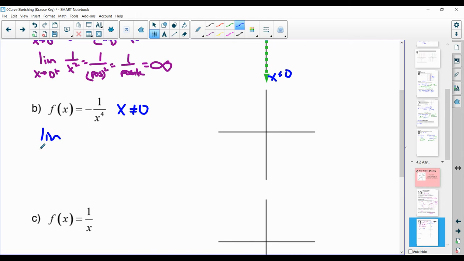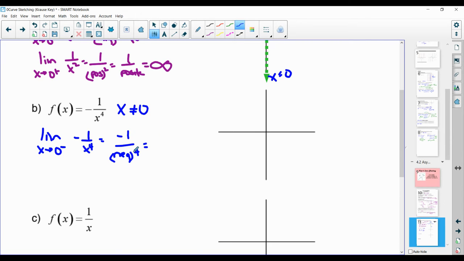So the limit as x approaches 0 from the left of negative 1 over x to the 4th. Well, the negative 1 is still just negative 1. Any values approaching 0 from the left are going to be negative, and any negative value to the 4th is going to be a positive value.